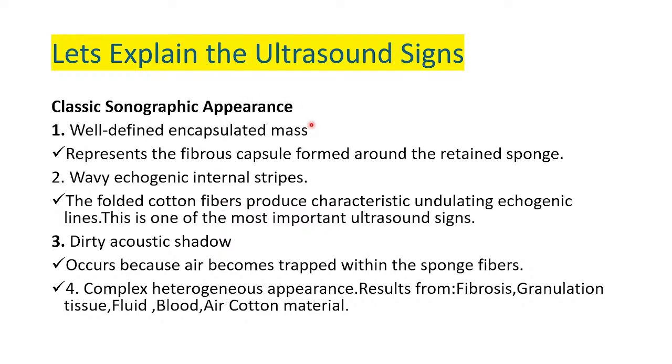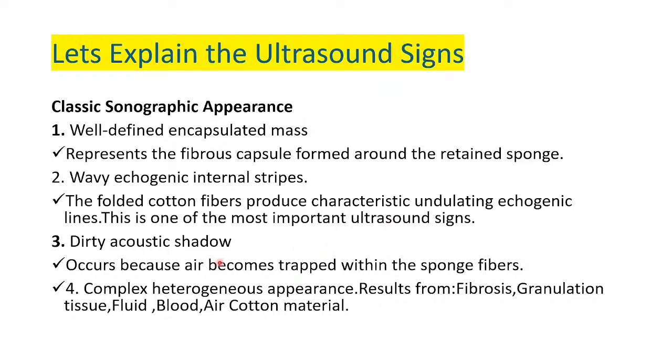So let me repeat again the sonographic signs of a gossypiboma or a textiloma. Well-defined encapsulated mass representing the fibrous capsule formed around the retained sponge. Wavy echogenic internal stripes: the folded cotton fibers produce characteristic undulating echogenic lines. This is one of the most important ultrasound signs.